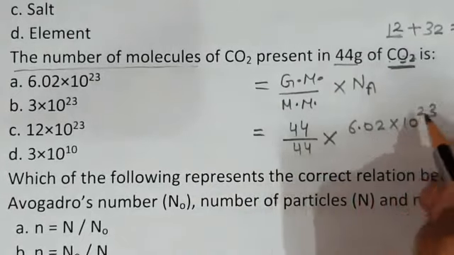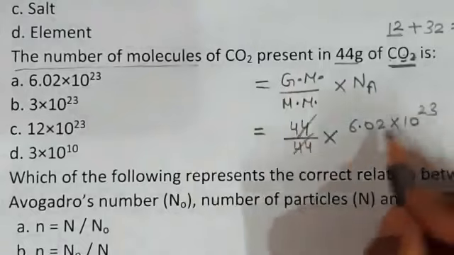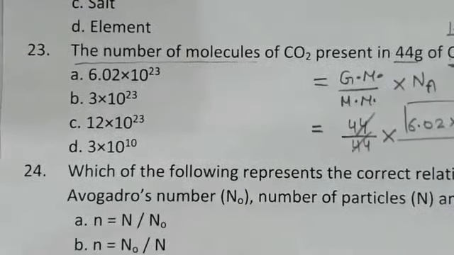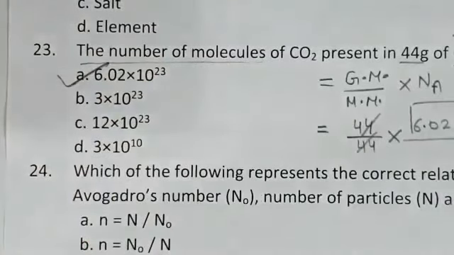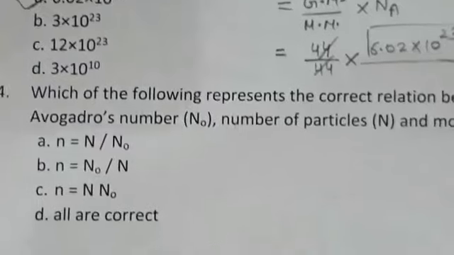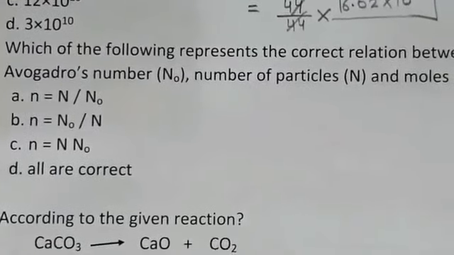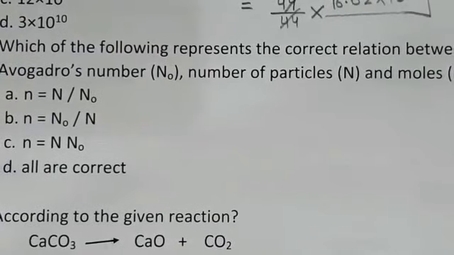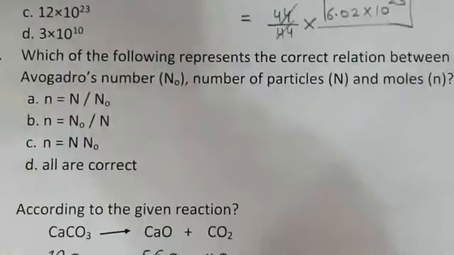So this will give 44. So 44 divided by 44 into Avogadro's number 6.022 into 10 to the power 23. So 44 cancels. So the answer is 6.02 into 10 to the power 23. The first option is correct. Clear, students?